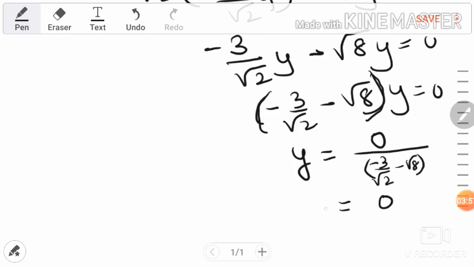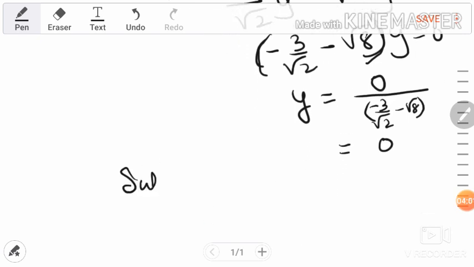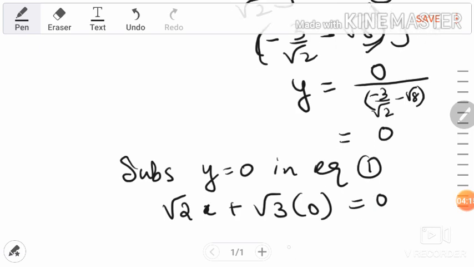Now substituting the value of y in equation 1. Root 2x plus root 3y, which is 0, equal to 0. So root 2x plus 0 is equal to 0.